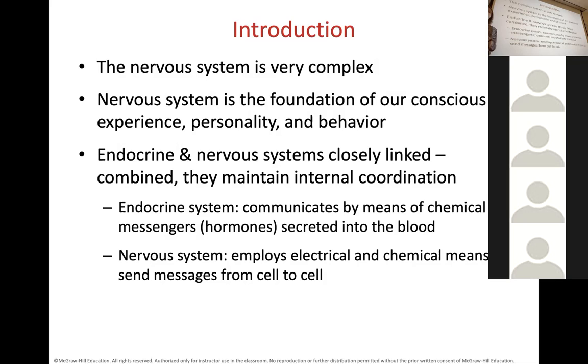So the nervous system sends messages to muscles, to glands, to organs, etc. Okay, so you'll hear me talk about some hormones for the rest of the semester. Most of them are going to come from the endocrine system. There are some chemicals that come specifically from the nervous system as well.